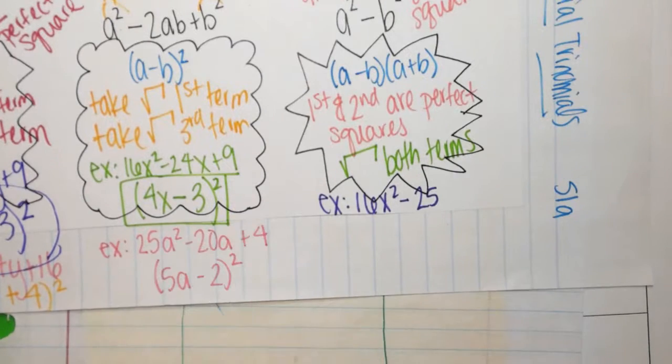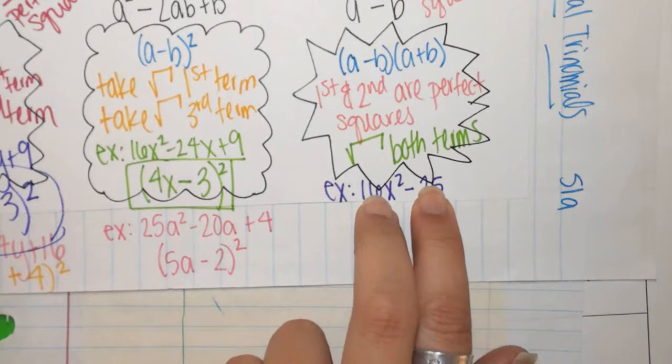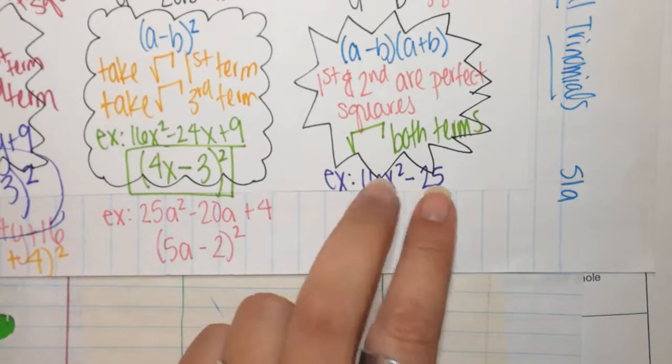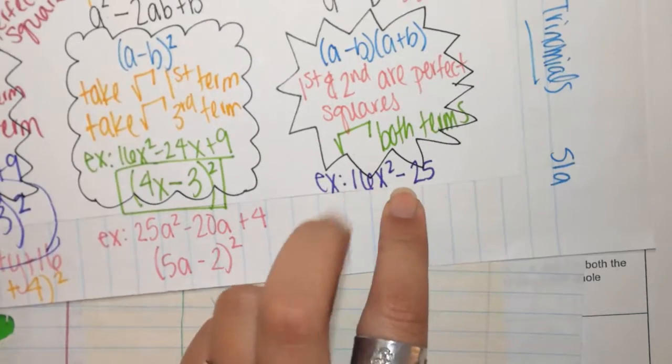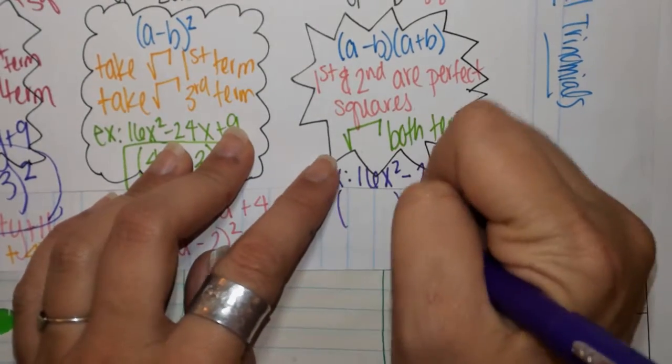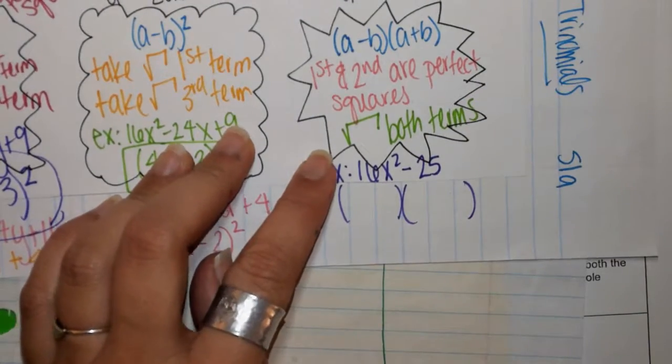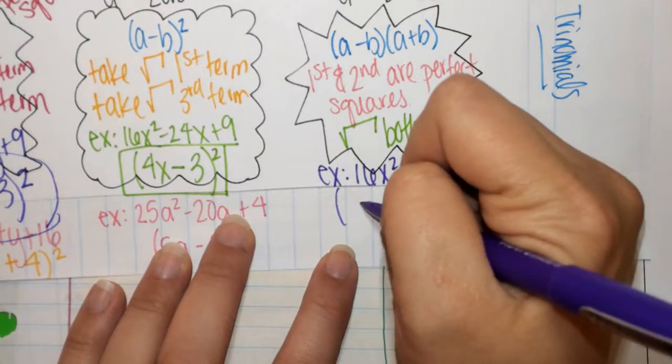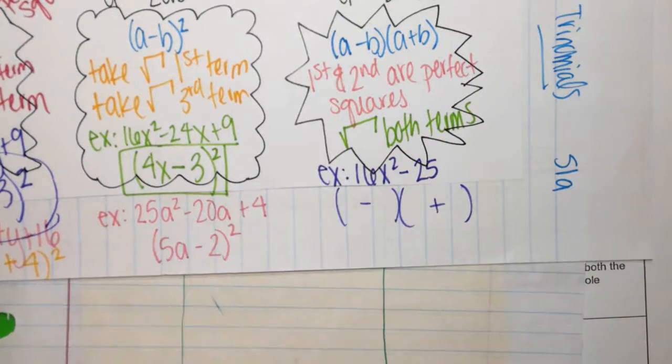Alright, 16x squared minus 25. Are both of those perfect squares? Yes. Do we just have two terms? Yeah. We have to have two, and they are separated by a subtraction sign. Right. So that means you're going to have two parentheses. One is going to be a minus, one is going to be a plus, because we need to multiply to get a negative, so you have to have two different signs.